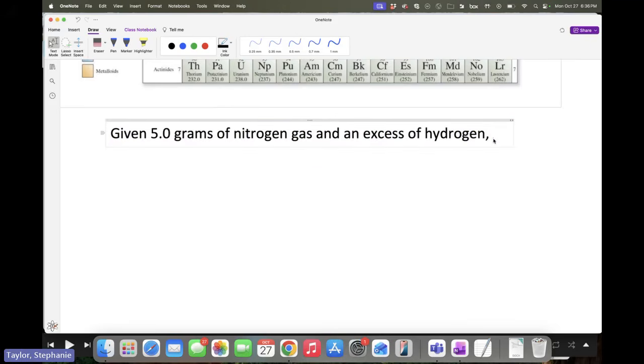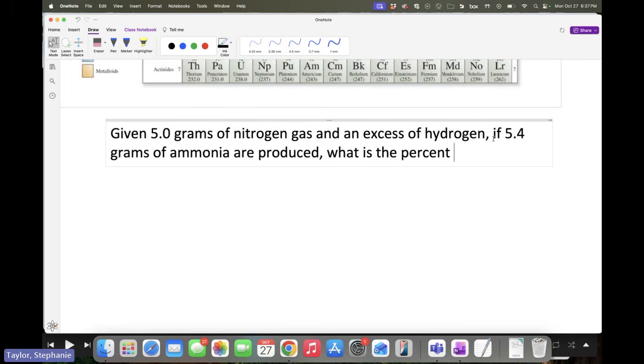So it's going to read a little bit differently. If 5.4 grams of ammonia are produced, what is the percent yield?